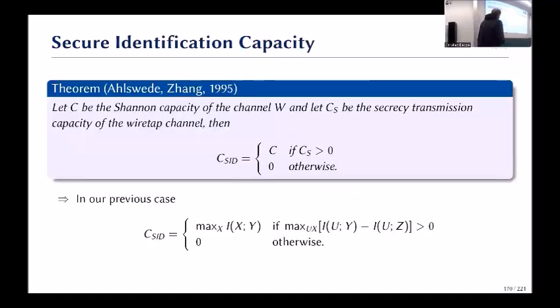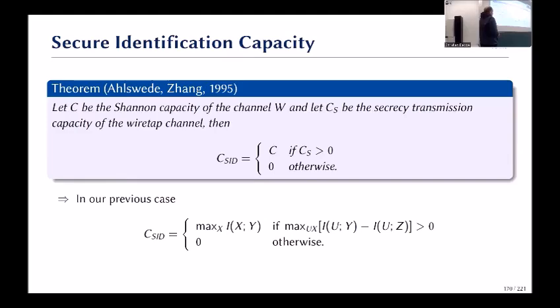And Ahlswede and Zhang showed, again, a very surprising result. It is the following. If C is the channel capacity of the channel W, and C_S is the secret transmission capacity of the wiretap channel, then the secret identification capacity is equal to the channel capacity. Again, we look at the double exponential case, so our scaling is again 2 to the NR.